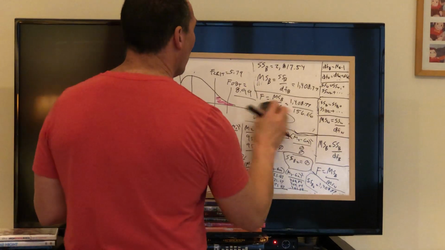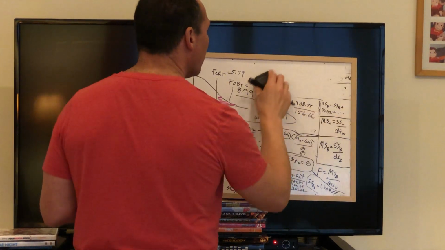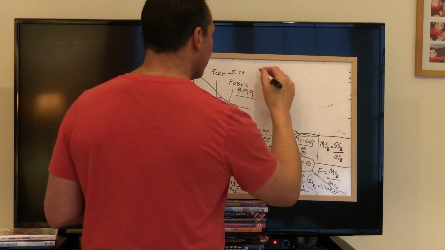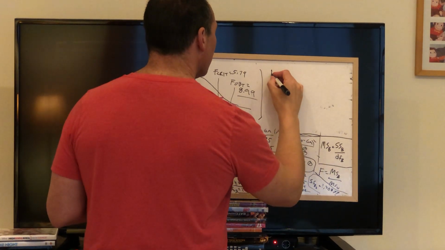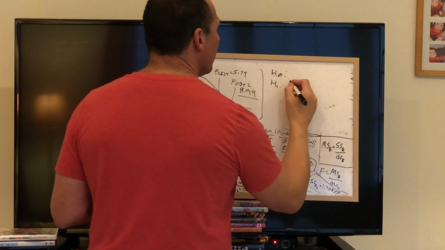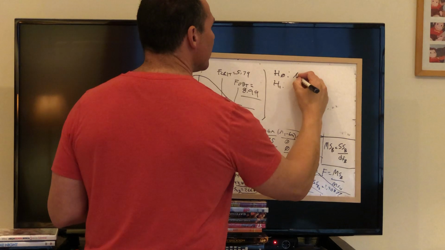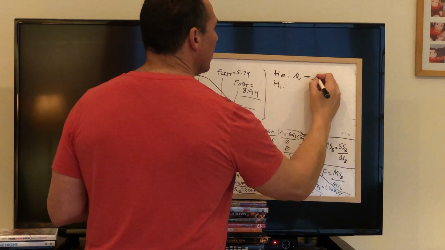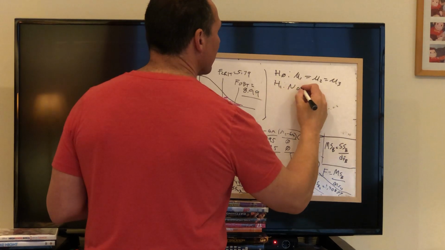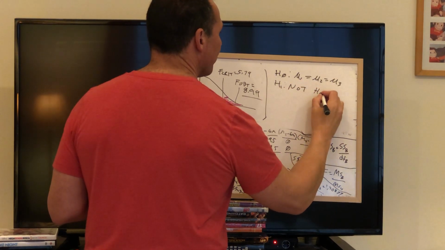Now, let's go all the way back to step 1 and think about what that means. Remember, the null hypothesis is that mu1 equals mu2 equals mu3, and the research hypothesis is simply not H0.